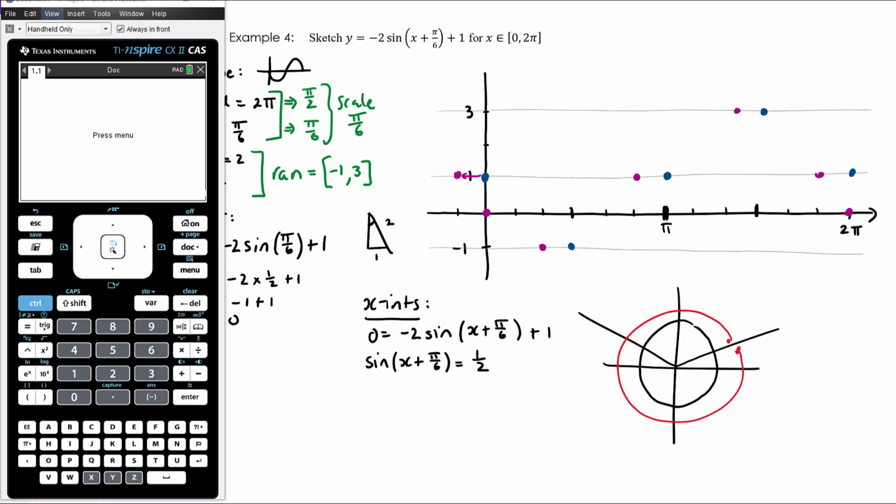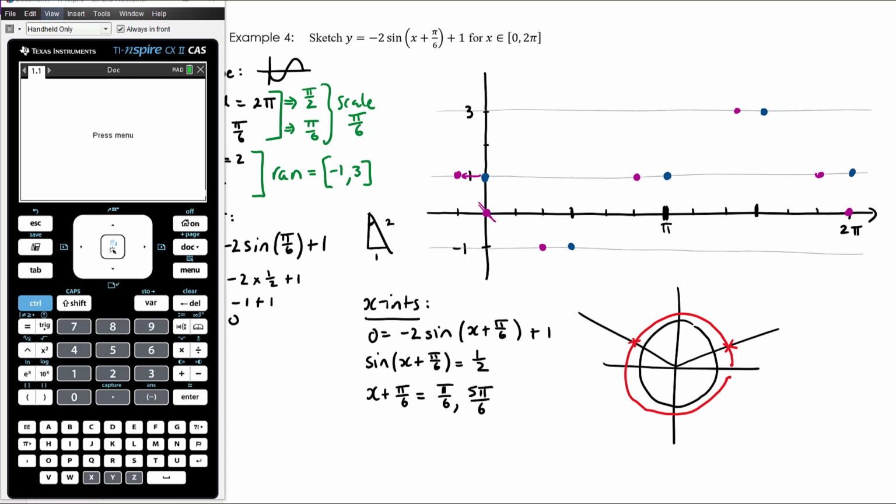But that way actually won't make any difference to me just doing one lap from 0 to 2 pi in this particular instance. I'll still get the same two solutions. So I'm going to have that solution there at pi on 6 and this solution here at 5 pi on 6. So x plus pi on 6 is equal to pi on 6, 5 pi on 6. Now I can see that when I draw this graph, my first x-intercept is going to be that one at 0. I already know that.